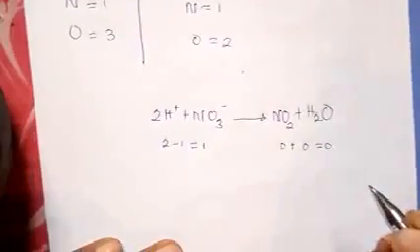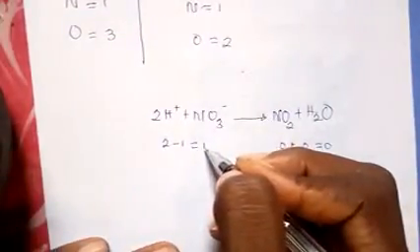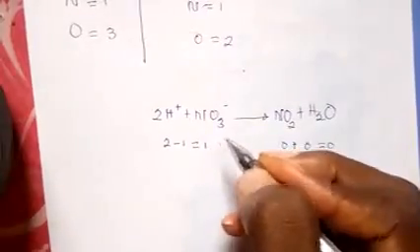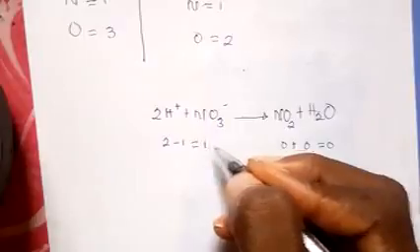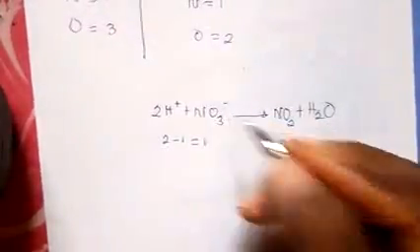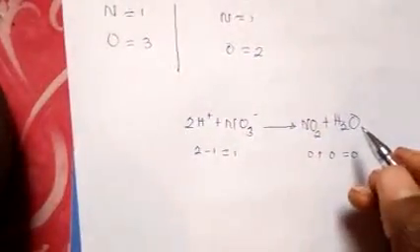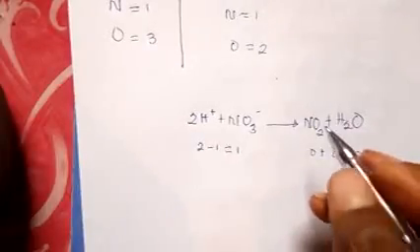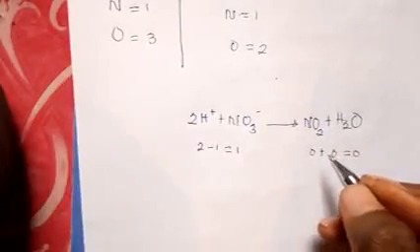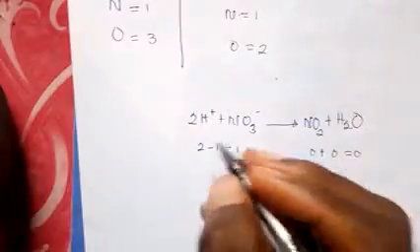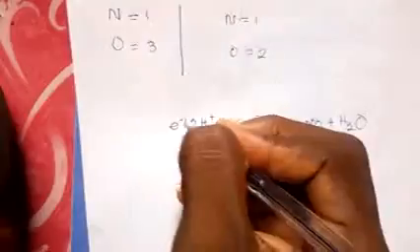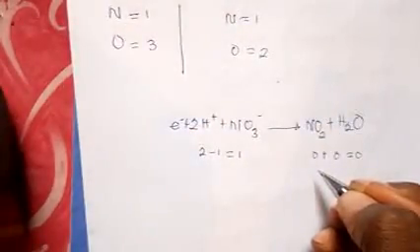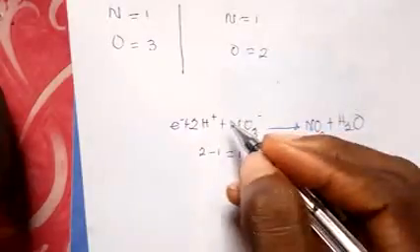Since this side is plus 1, we must add something on this side that will get rid of this plus 1 so that this side will be 0 and the other side will be 0. What do we add there? We add a negative electron. We add e minus here. Now when you add e minus here, this side will be 0.